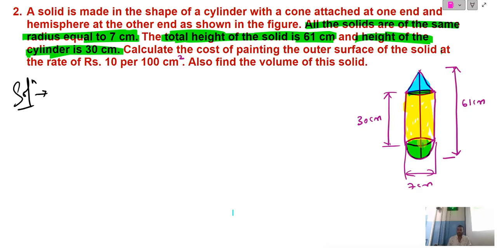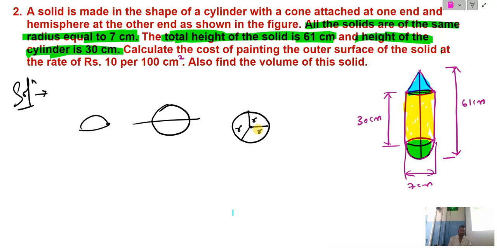My dear students, you can understand one thing here. What is this? Circle. I hope you can understand. What is this? Radius. If I cut this circle, this is my hemisphere.